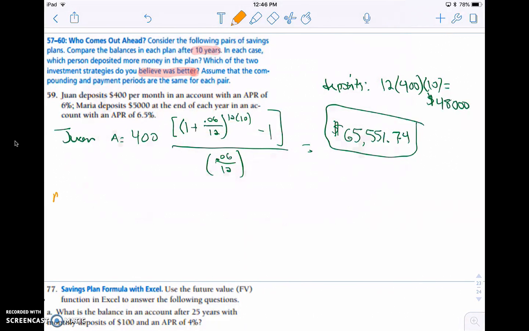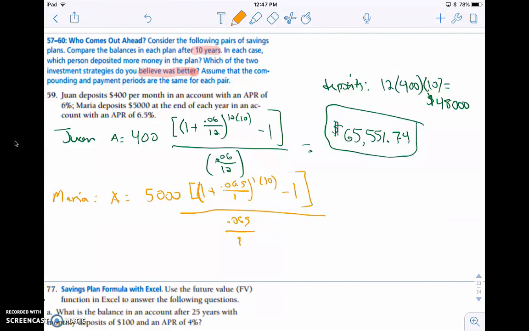Okay, when we look at Maria, the amount for Maria, she invests $5,000 at the end of each year in an account with an APR of 6.5%. So we do 5,000 times 1 plus 0.065 over 1, because she is investing once a year. So she makes 1 payment a year, again over 10 years. And then don't forget to subtract the 1, so that should be bracket parenthesis 1 plus, divided by 0.065 over 1. Again, she's only paying every year.